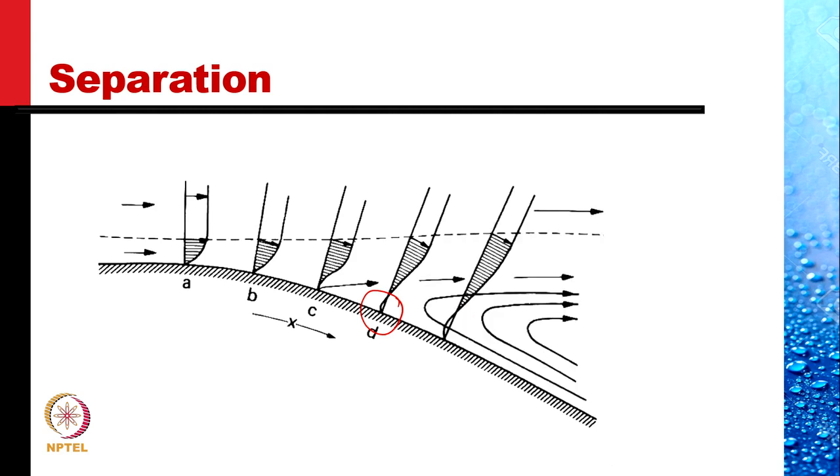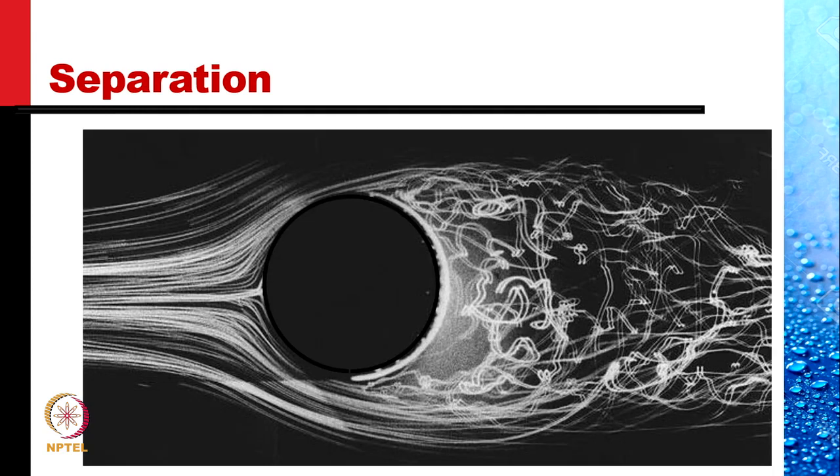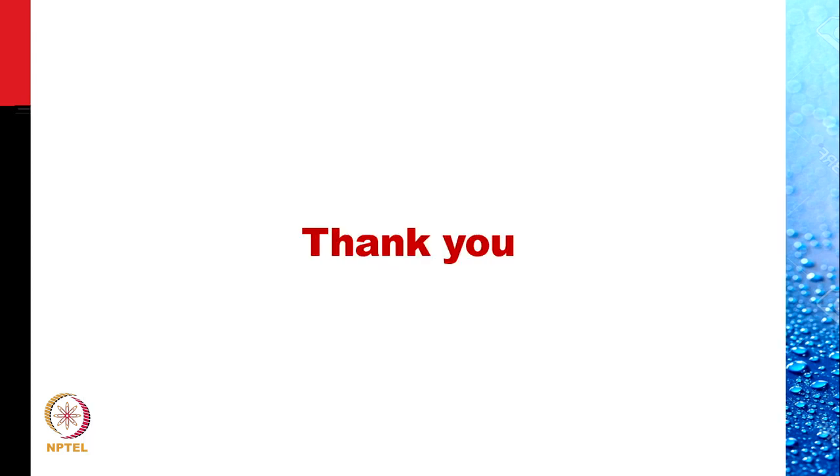And so the flow has separated from here, and this is the region of recirculating flow. This makes the Euler equation break down completely, and that approximation is no longer valid. This is what the final flow looks like.